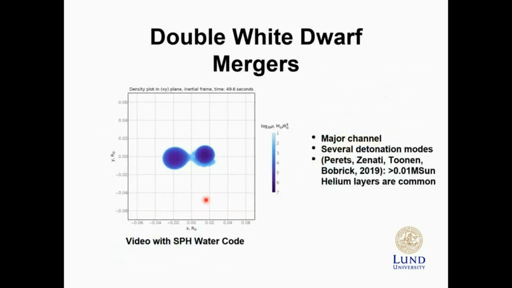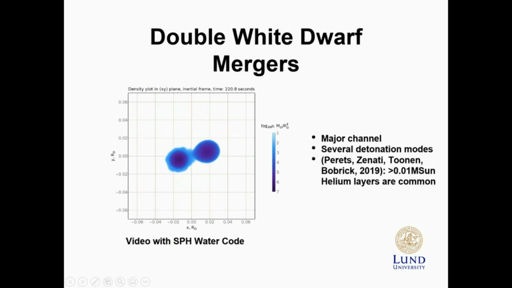So here we are trying to simulate how Type 1a supernovae occur, and here is an example of a simulation of 2 white dwarfs merging. These simulations are done with the SPH code called Water, which is developed by myself and our group.